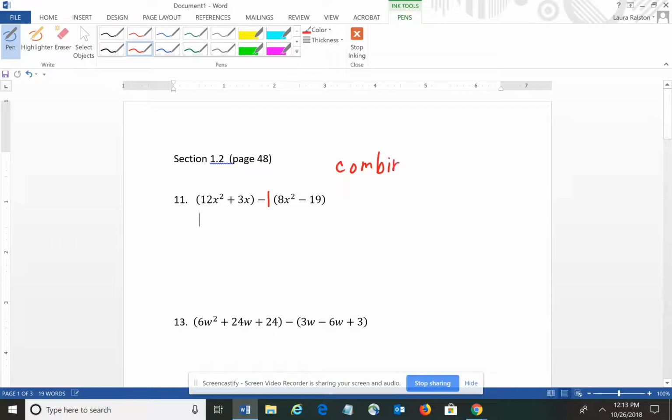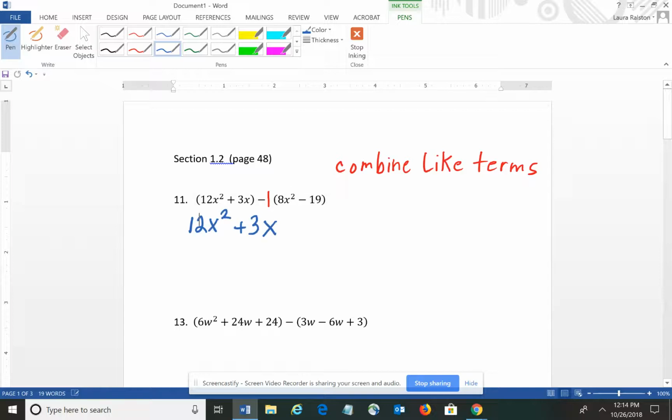We've learned in previous courses and previous discussions that we always want to combine like terms. I can see that both polynomials here have an x squared term, so I want to combine them together. But I need to be very careful and watch out for that negative sign. So I'm going to begin by rewriting the problem. I still have 12x² + 3x.